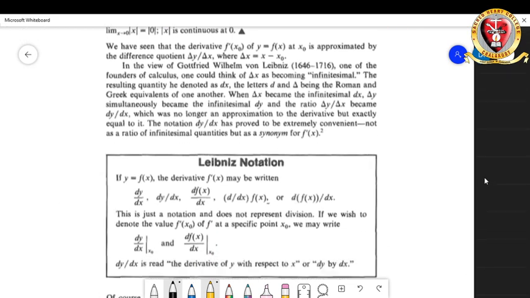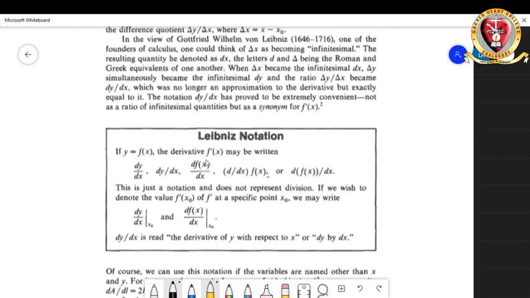Now, what is Leibniz notation? For a function y is equal to f of x, the derivative can be written as dy by dx, df of x by dx, d by dx of f of x, d of f of x by dx, and so on.